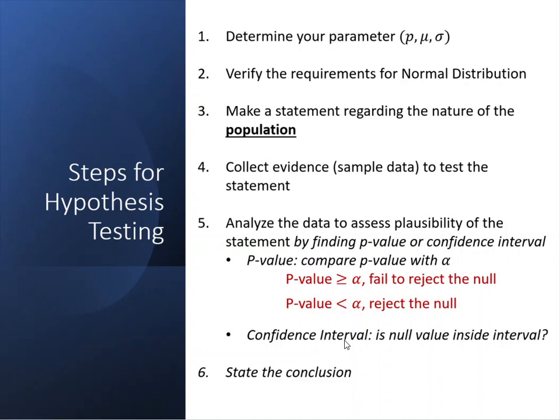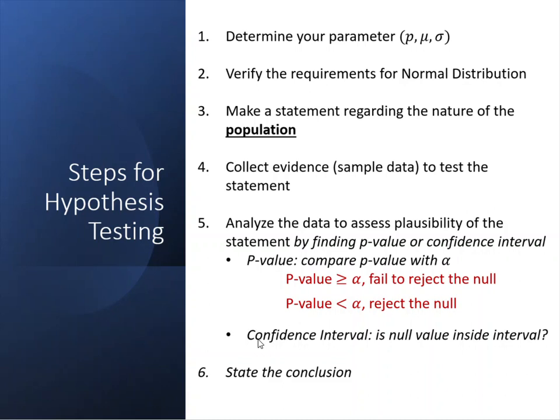Now, if you were doing a confidence interval, you would just need to make sure that your null was actually inside the interval you created. And the reason I put these two possible ways to analyze a hypothesis test here for you to see is because they're the two most common ways you might see them if you were looking at an actual study that's been published.